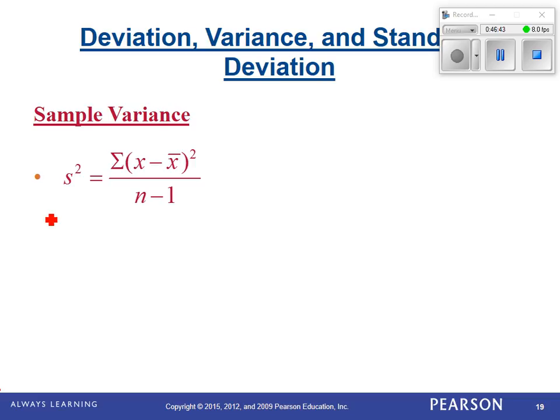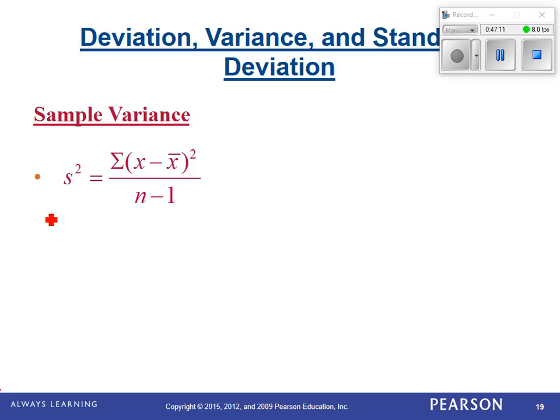No. It's just going to be S. This is sample standard deviation, just S. Then what's going to be next? Big square root, just like for the population. And then it's going to be all this stuff in there: X minus X bar squared divided by n minus 1.